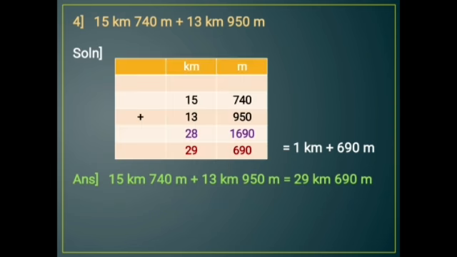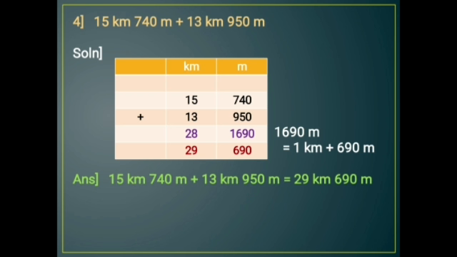Next, question number 4, 15 kilometer 740 meter plus 13 kilometer 950 meter. So we will draw the two columns, kilometers and meters. So 15 kilometer 740 meter plus 13 kilometer 950 meter. So when we add here 740 plus 950, we get the answer here as 1690.